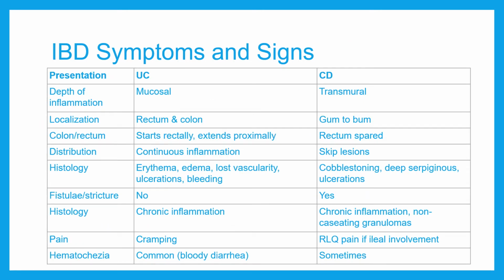Here is the comparison chart between ulcerative colitis and Crohn's disease. The way I remembered it is because Crohn's disease has a possessive apostrophe S, I pictured a man named Crohn. And this is a hardworking man that shovels the wall of the intestinal tract all the way from the mouth to the rectum.